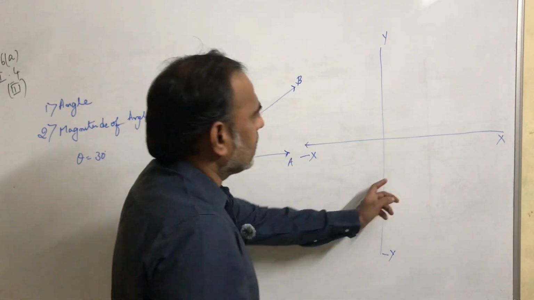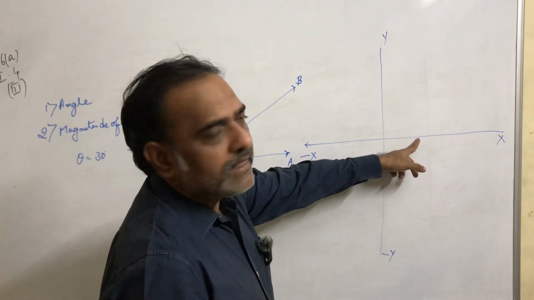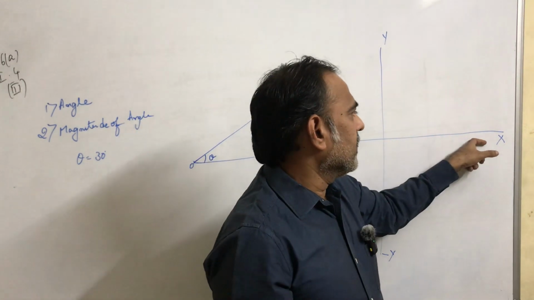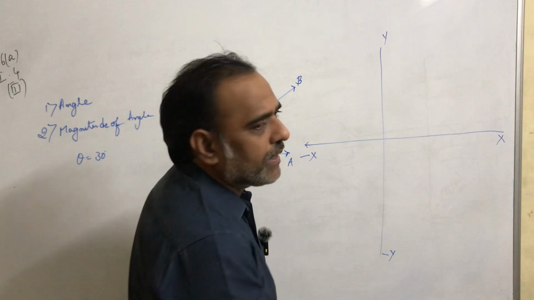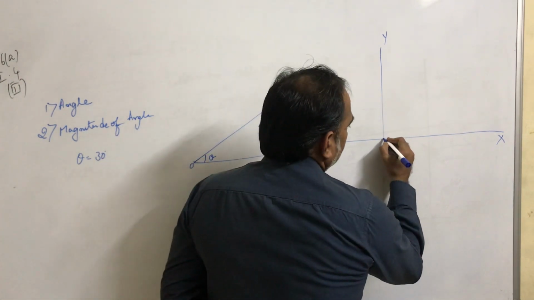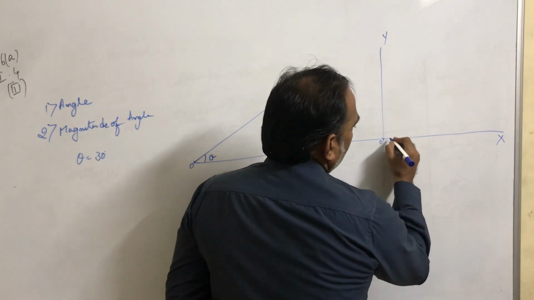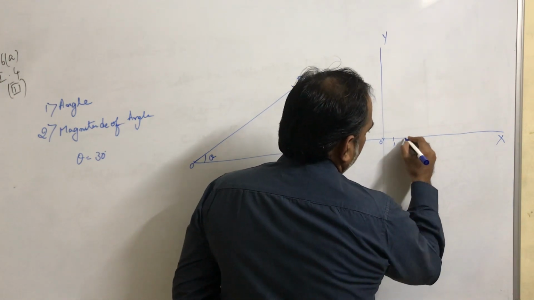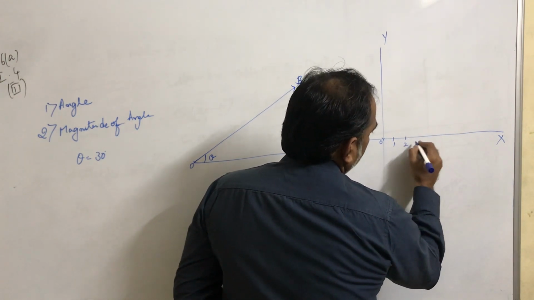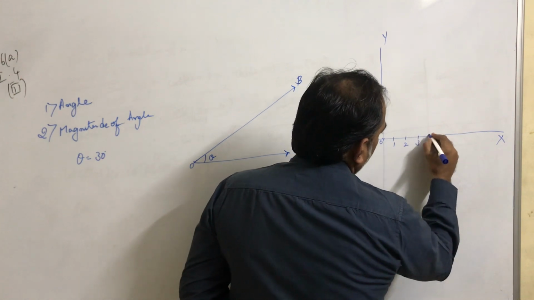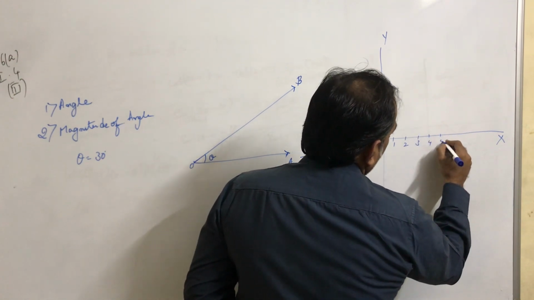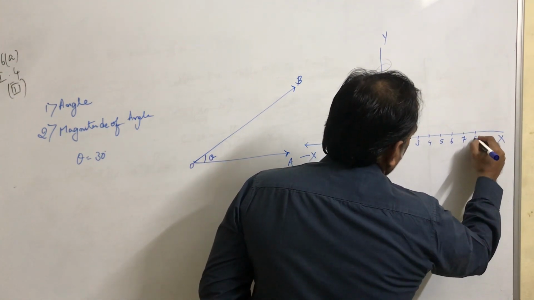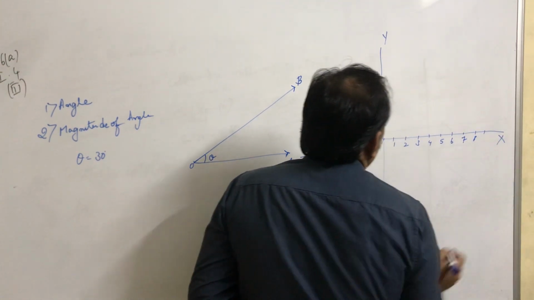In the quadrant system, this is the x-axis and this is the y-axis. This is the positive x-axis. What is the meaning of positive x-axis? This is 0. Whatever points are represented on x, they should be positive numbers: 1, 2, 3, 4, 5, 6, 7, 8 and so on.